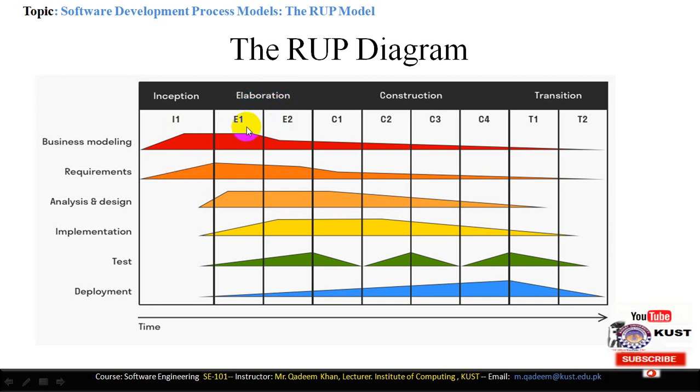Then we have the elaboration phase. In the elaboration phase, we have elaboration 1 and elaboration 2. In the elaboration phase, we will build the understanding about the project. So here we have the business modeling and the requirements phase, and analysis and design.